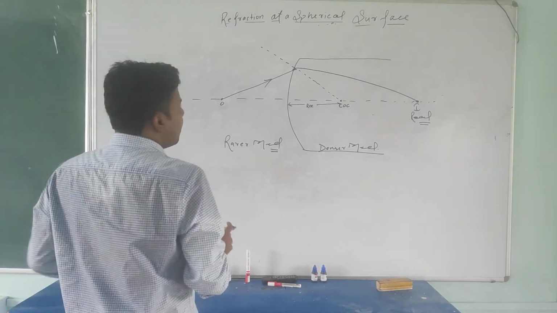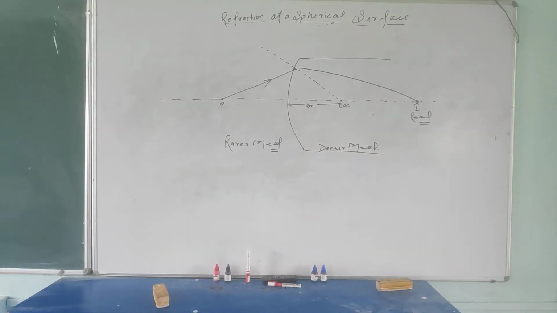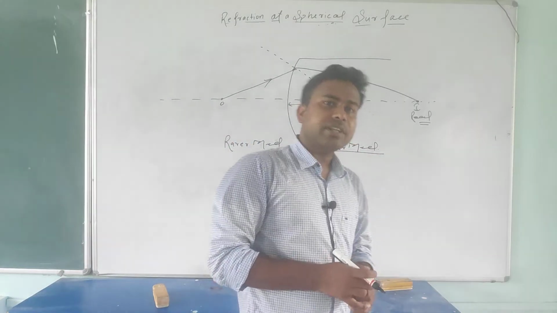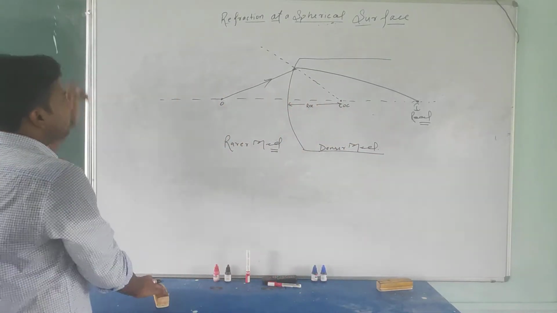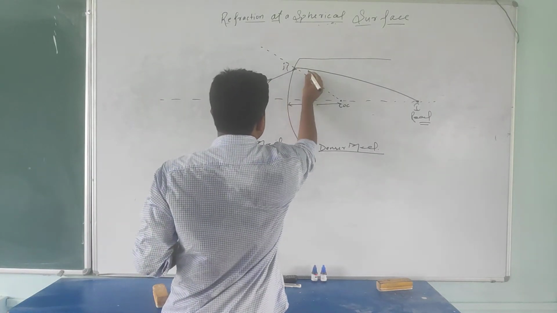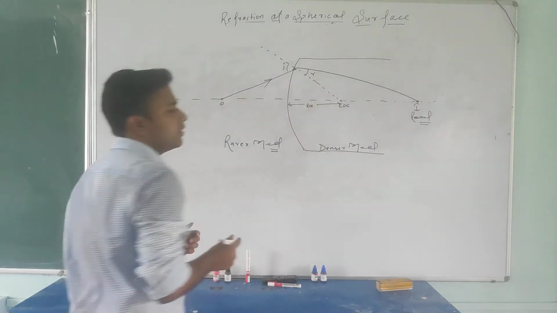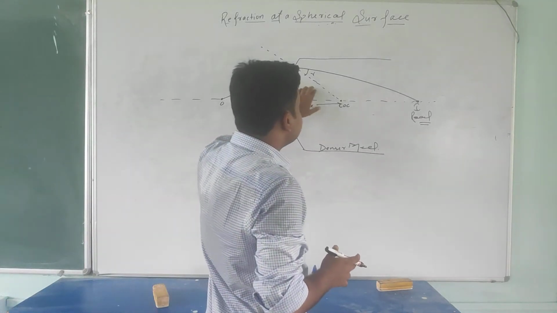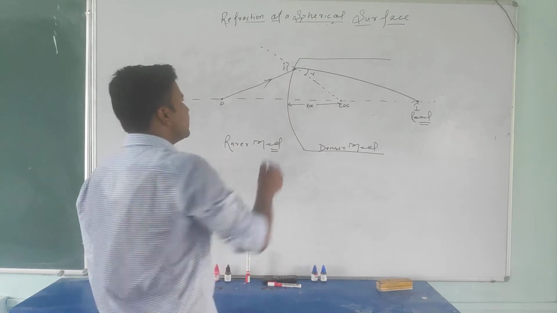Okay student, now we'll take a few assumptions. All rays are paraxial, so angles are very small. First I'm assuming this angle is the incident angle and this angle is the refracted angle. This dotted line is the normal drawn at this point.